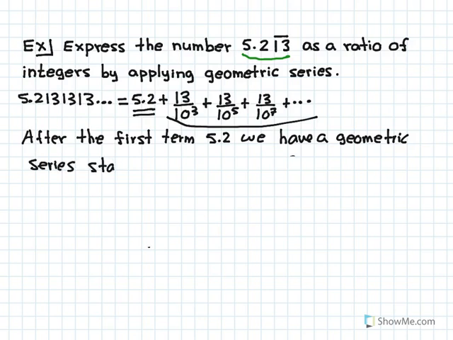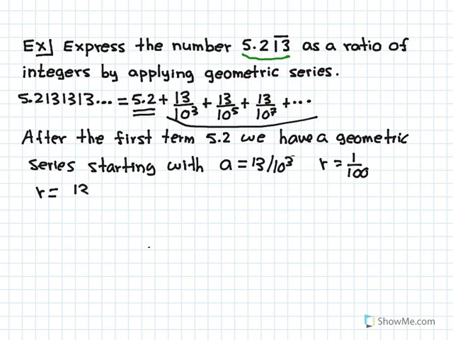starting, and the first term of the geometric series starting with a is equal to 13 divided by 1,000, which is 10 cubed, and r is going to be 1 over 100. We're going to show that. So to find the common ratio r, basically we have the ratio of successive terms.